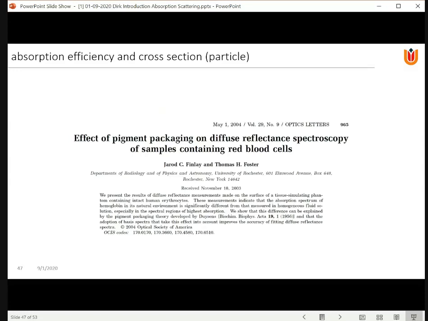This is a paper from 2004, and it indicates that up until 2004, people knew about this, but nobody really understood it, and nobody really actually implemented it. And then after this paper, people again started realizing, okay, this is actually an issue. We have to take this into account. I will put this paper on Canvas. It's nice to read. It's not mandatory, but it's nice to read.